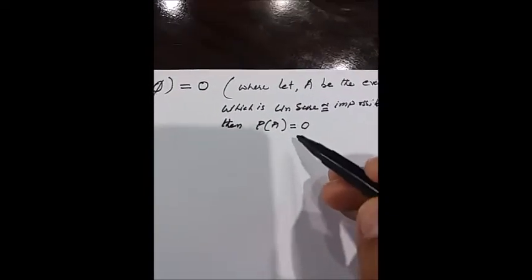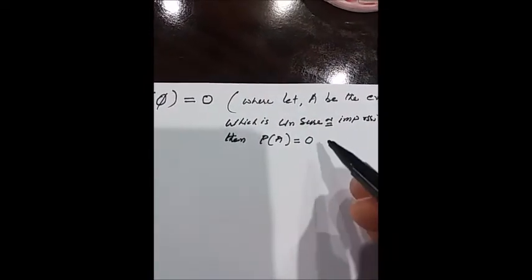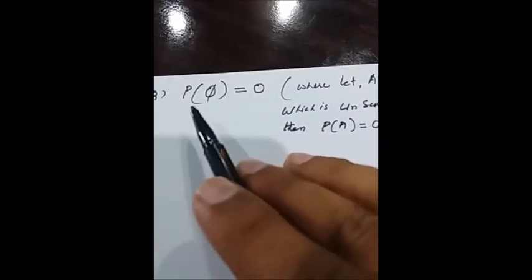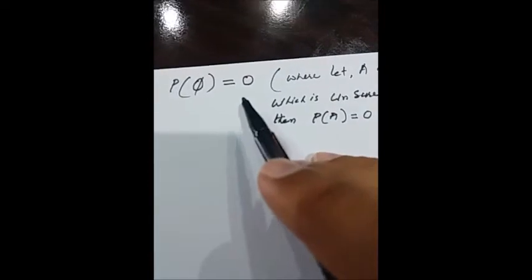So we can say the probability of A is equal to 0. Why? Because, as usual, the probability of the null set is always 0.